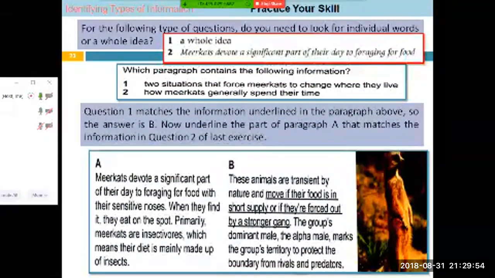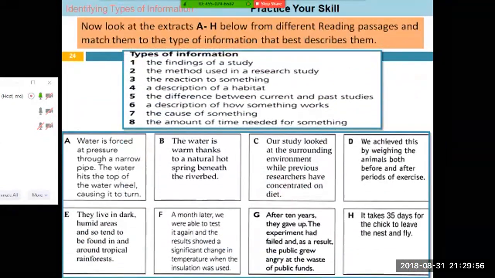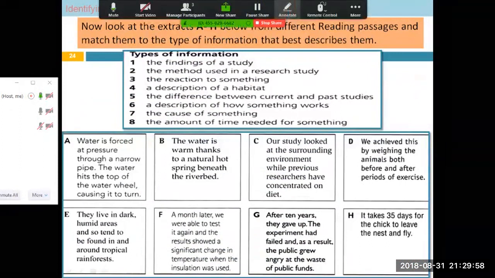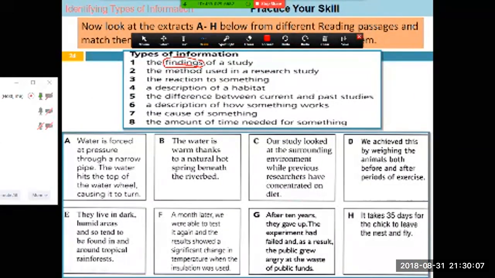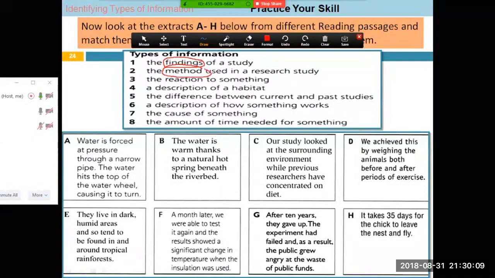Sometimes you may be asked which paragraph contains findings of a study, which paragraph contains a method to be used in a research study, which paragraph contains a reaction to something. You see, these are the types of information that I'm talking about.